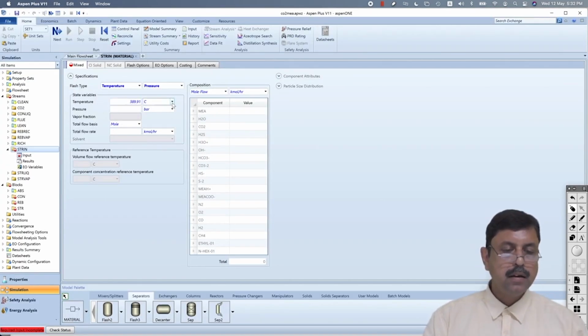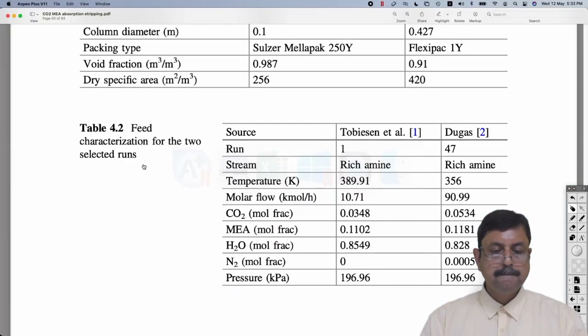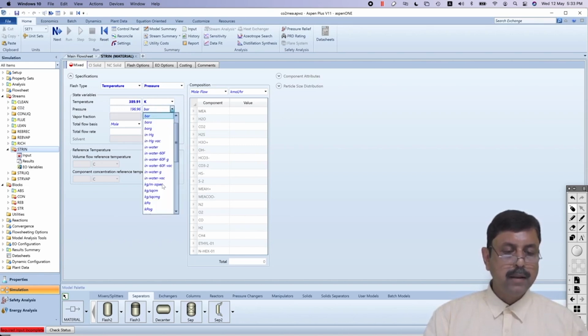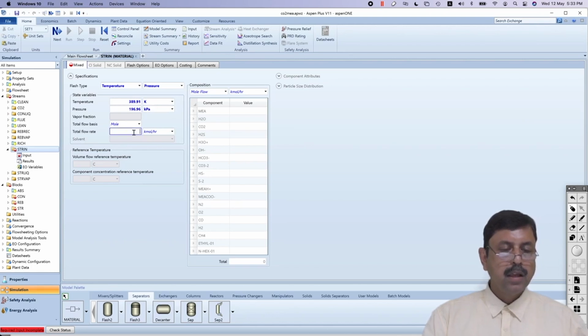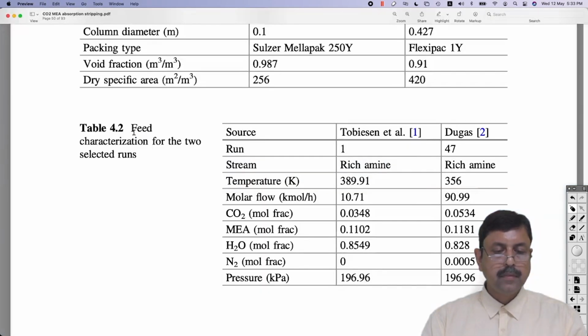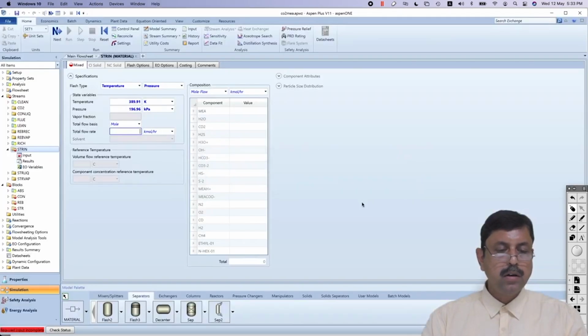Pressure 196.96 kilopascal. Molar flow rate, it is 10.71 kilomole.